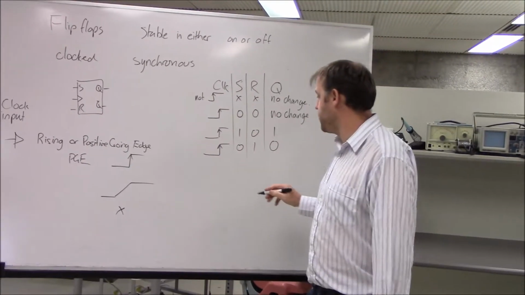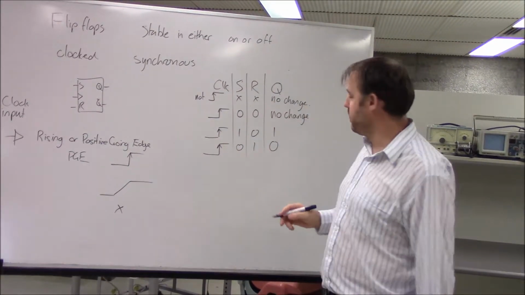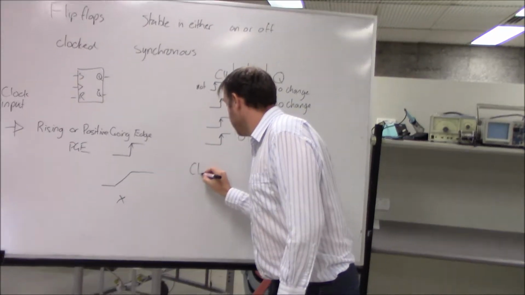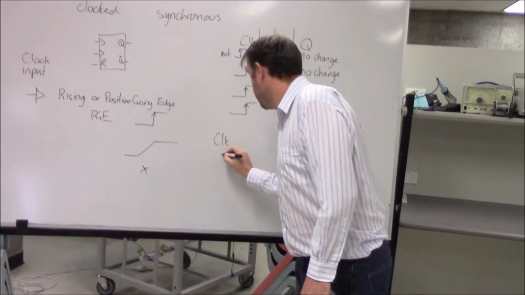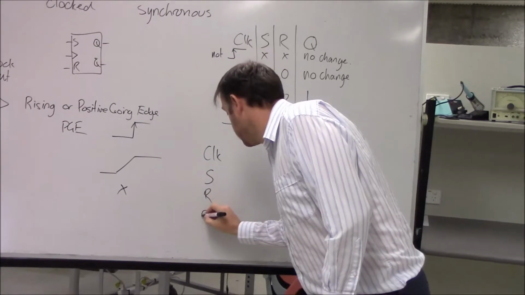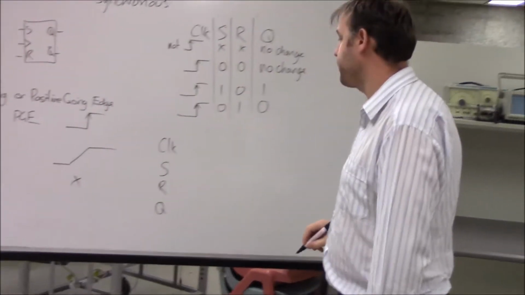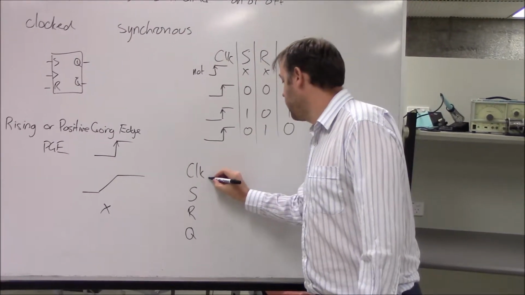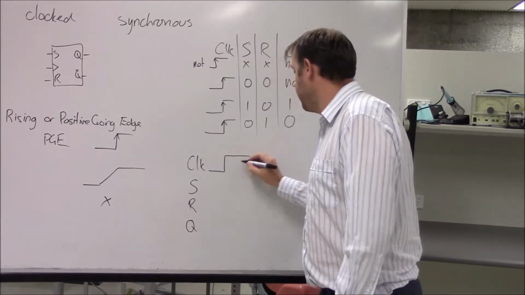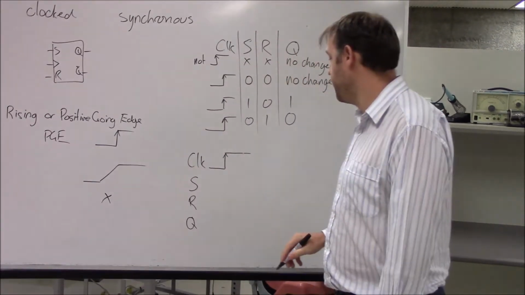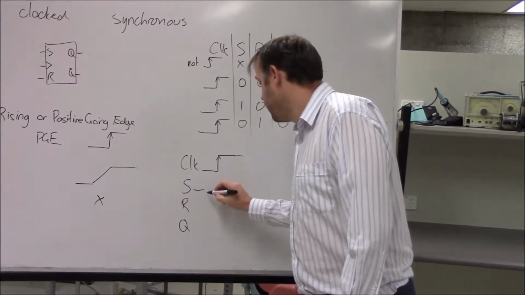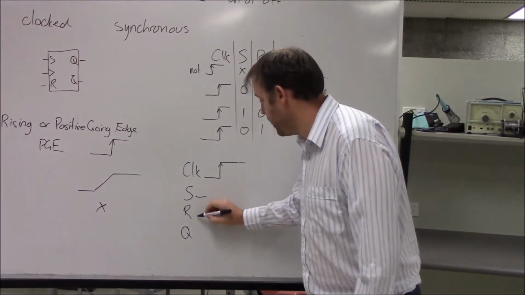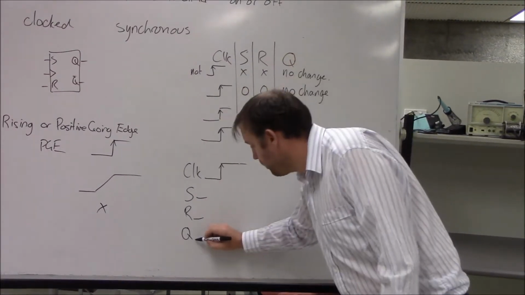And if I look at the timing diagram for this, this is where it becomes really important. So I'm going to have my clock, my set, reset, and Q again. So if clock is doing that, so there's my rising edge, and set and reset are both low, and I'm going to start with Q being low.